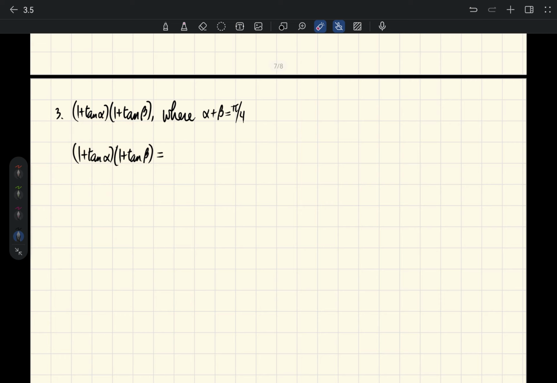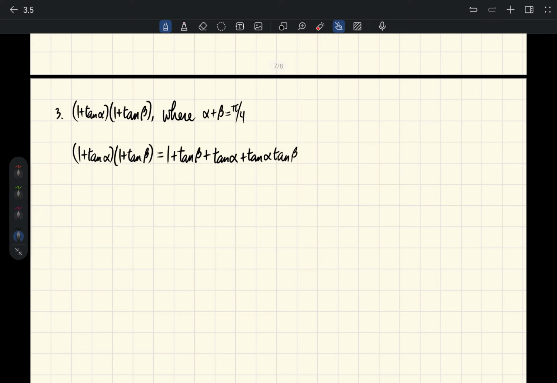So we have first 1 times 1, that's 1, plus 1 times tangent beta, that's just tangent beta, then plus tangent alpha times 1, that's tangent alpha, then distribute this, we have tangent alpha times tangent beta.